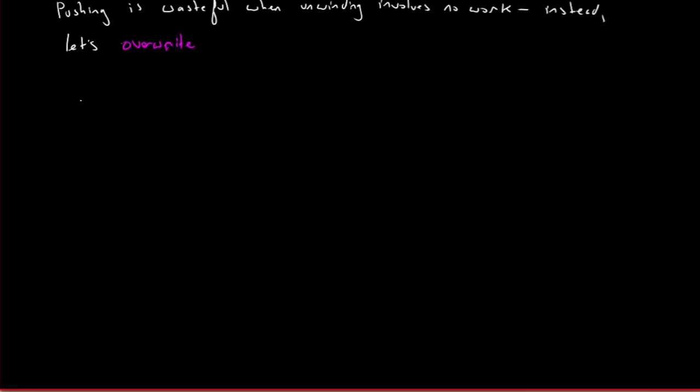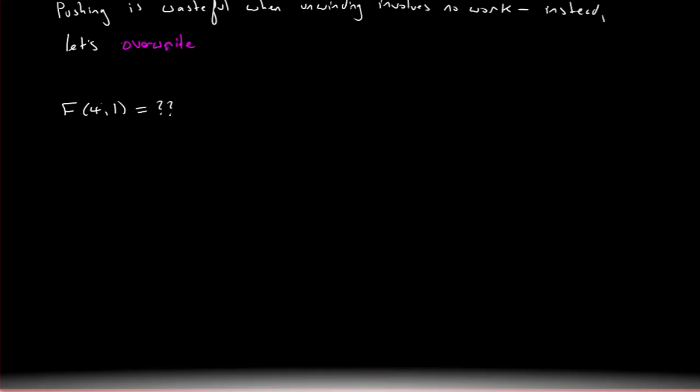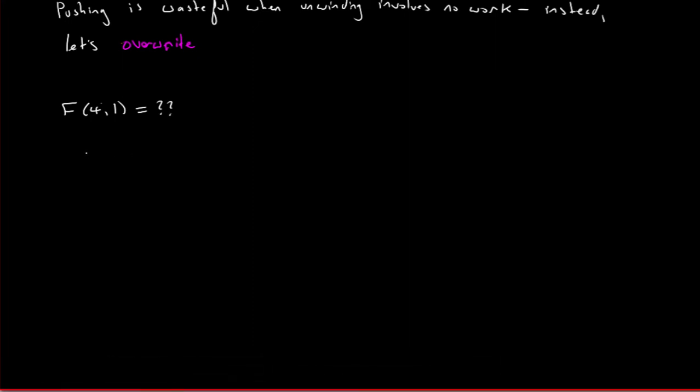What do I mean by that? So again, we want f of 4, so 4 factorial. Well, f of 4 and 1. Let's start with the first stage of our calculation. I think we're going to need a bit more space than this. So what we're after is f of 4 and 1, and that's going to equal question mark, because we're going to figure that out.